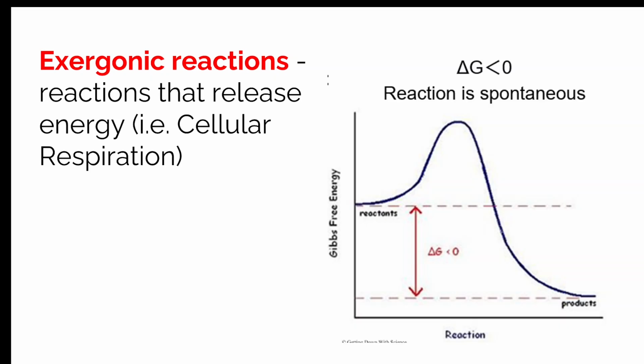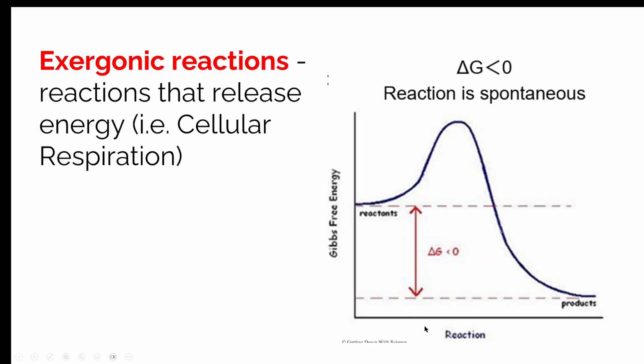So a lot of times to talk about exergonic reactions, we need to understand that the reaction is usually going to be spontaneous, but that's not without an initial energy input. So I'd like to focus really quickly on this graph on the right side here.